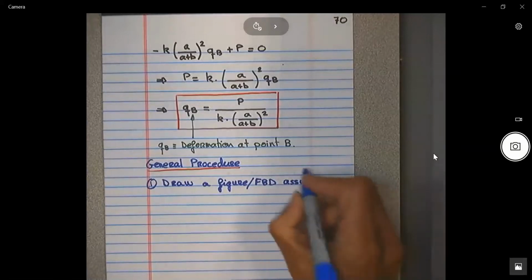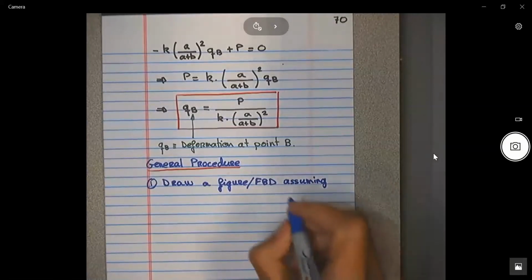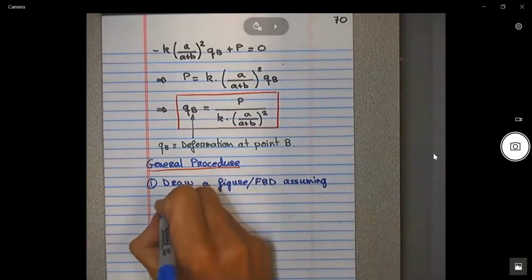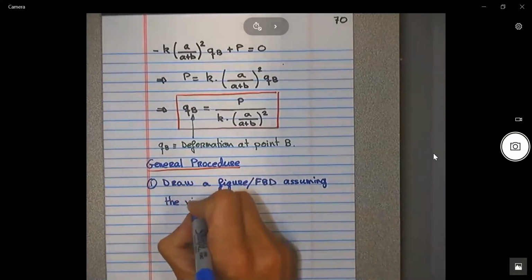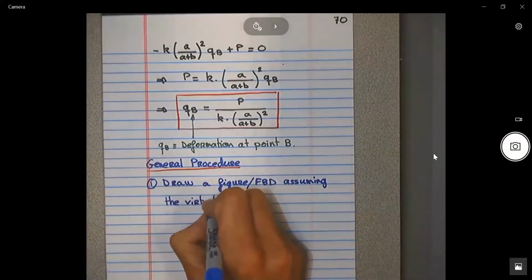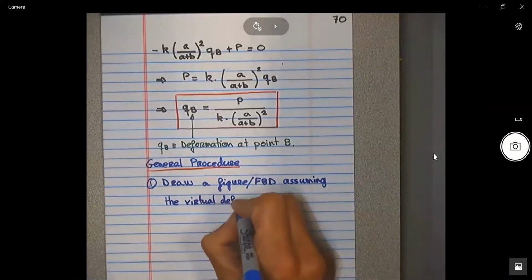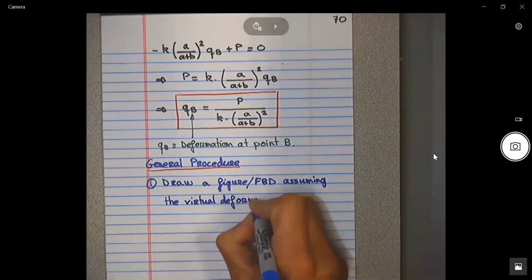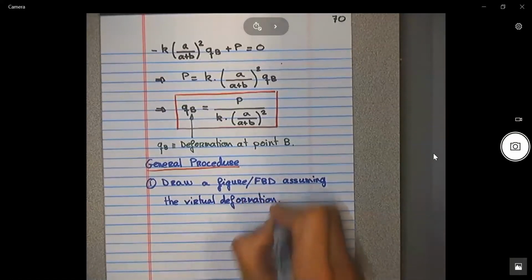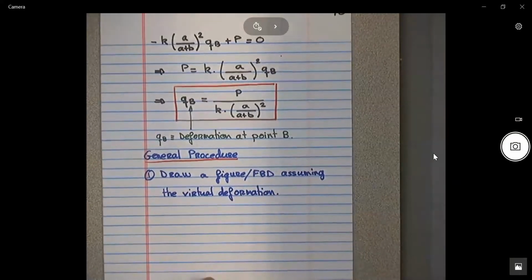It's better to write showing. I think write showing, assuming or showing the virtual deformation. That was the first step we did.